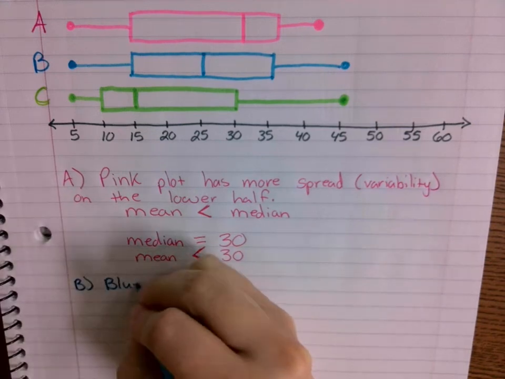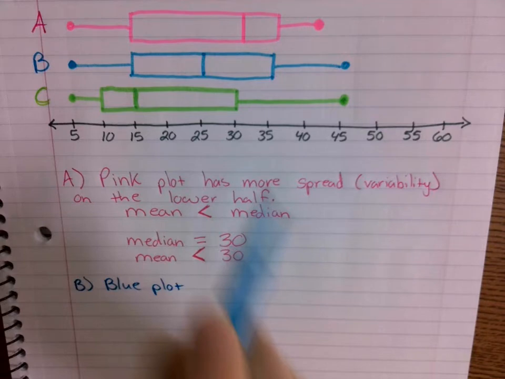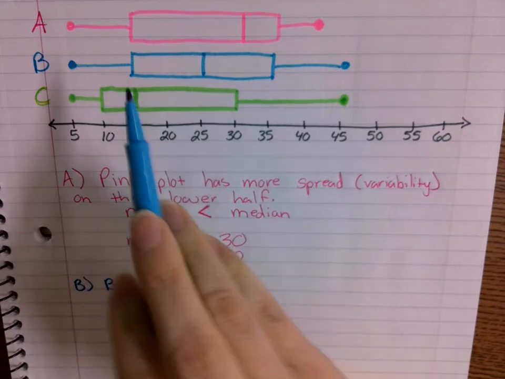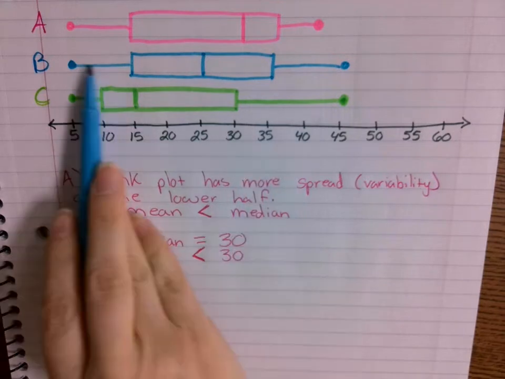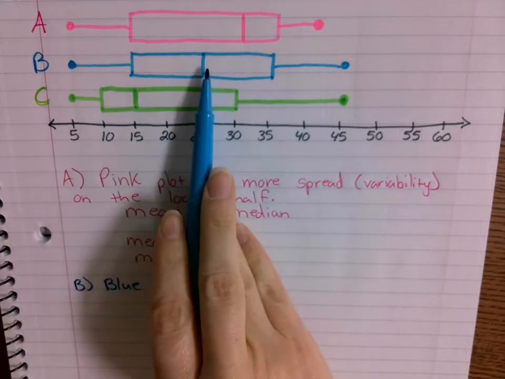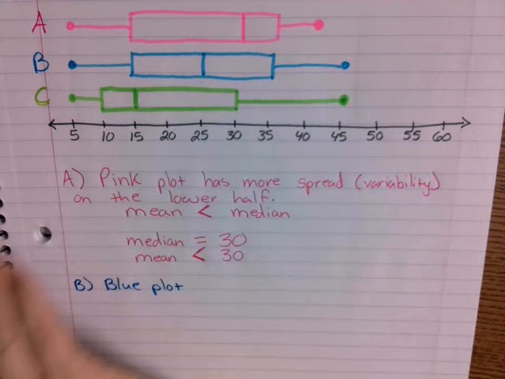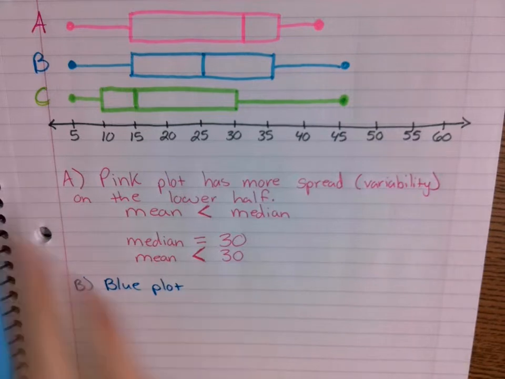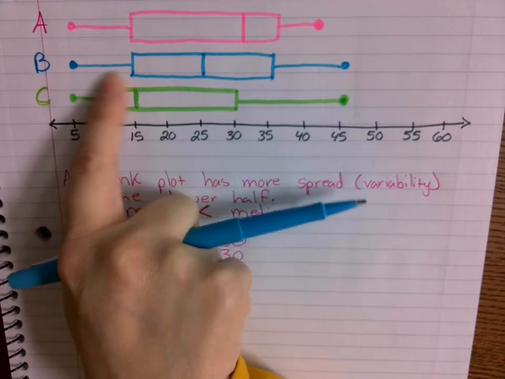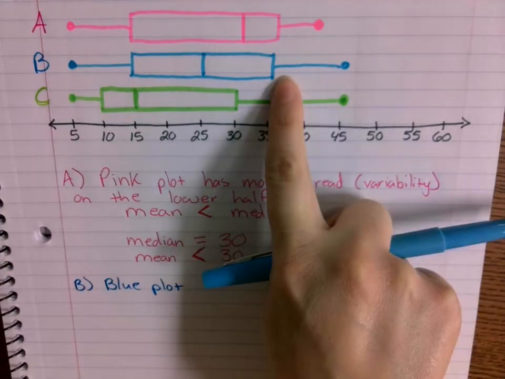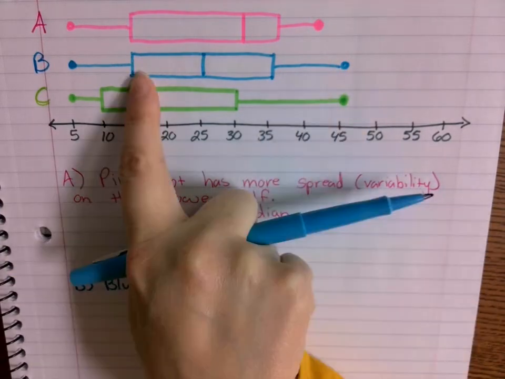So looking at plot B, is plot B symmetric? Meaning, does the lower 50% look the same as the upper 50%? Yeah, right? This whisker is 10. This whisker is also 10. The inside of my box, I've got 10.